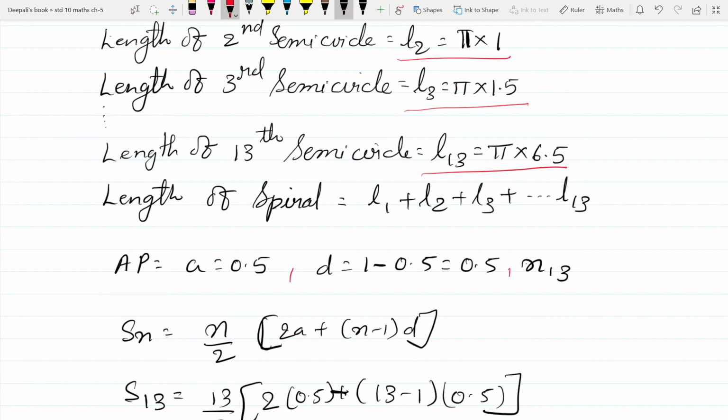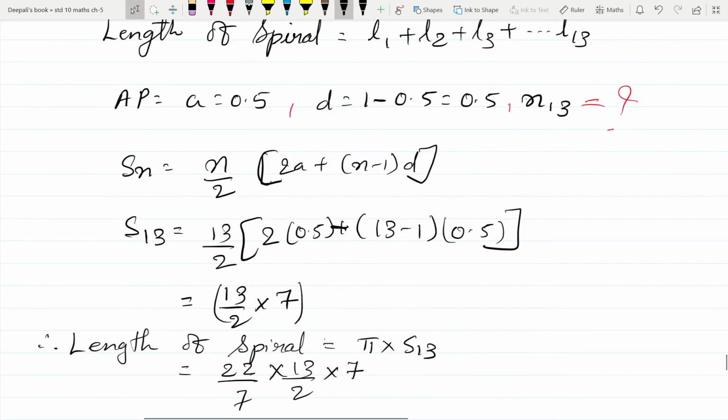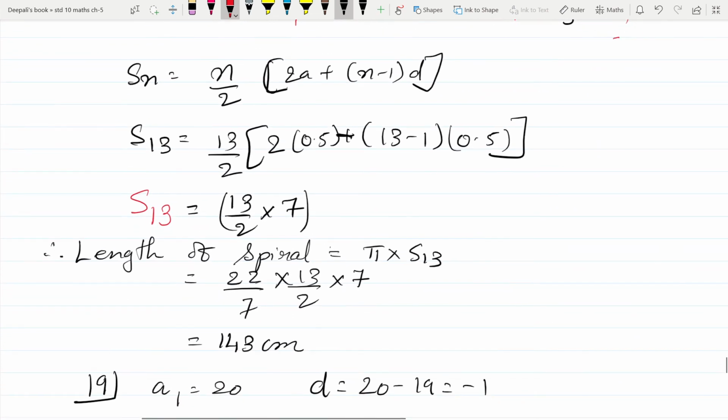You are supposed to find Sn. So Sn is n by 2, so S13, I replace the values, I get 13 upon 2 into 7 as S13. Now the length of the spiral is pi into S13, which is 22 upon 7 into 13 upon 2 into 7, that is 143. Isn't it simple?